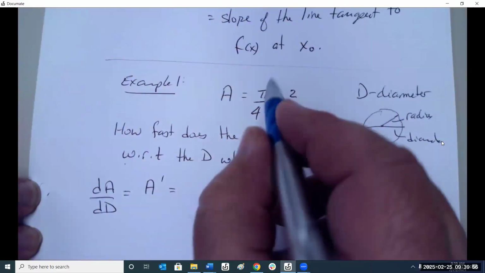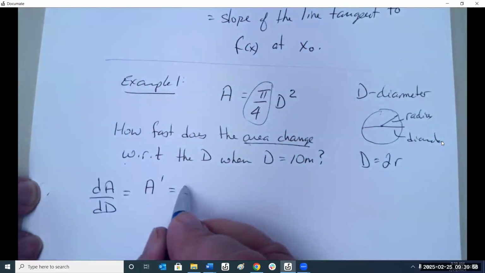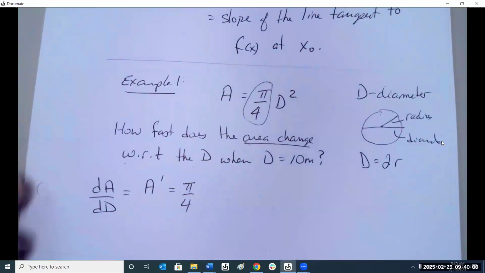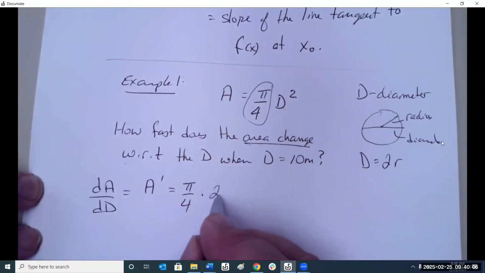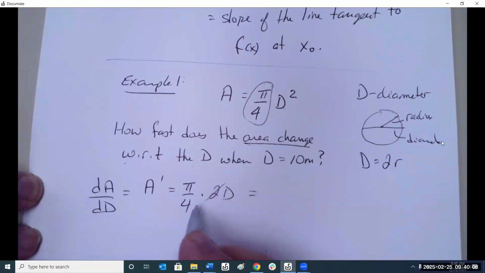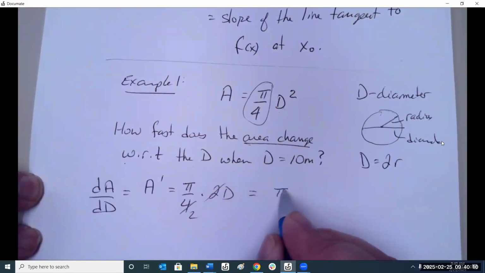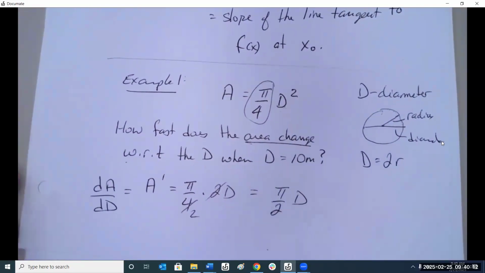So the pi over 4 is a constant. We just leave that alone. So what's the derivative of d squared? 2d, which the 2 and the 4 cancel. So we get pi over 2 d. That's our rate of change.